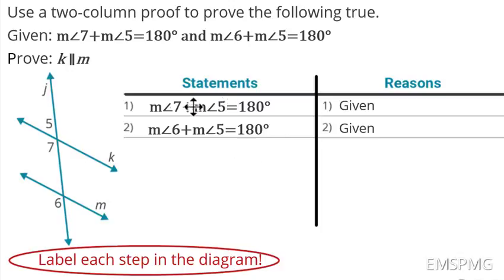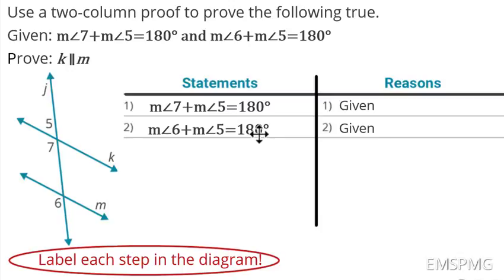So now we're going to look and say, is this information helpful either to the diagram or to each other? Well, what I'm noticing right now is that angle 7 plus angle 5 is 180, same with angle 6 plus angle 5 is 180. These are similar, they're not exactly the same. I know I have 5 in both of those, but I do see that both of them equal the same exact value.